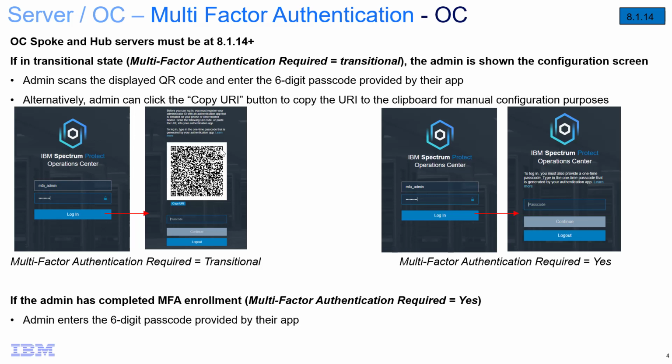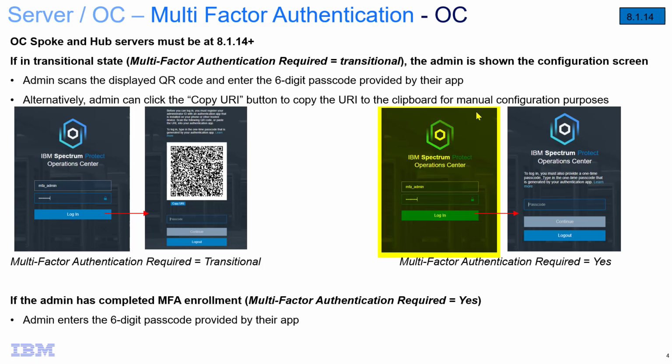This basically contains information about the shared secret. That application will then generate a 6-digit code, and that 6-digit code will be valid for 30 seconds and can be entered here where it says passcode. That will then allow them to log on to the Operations Center.